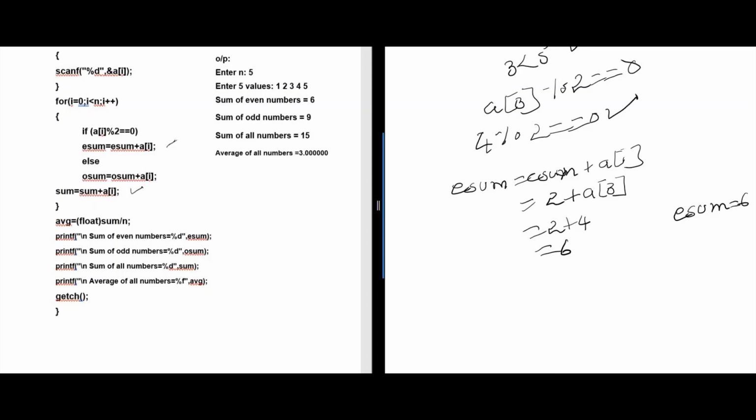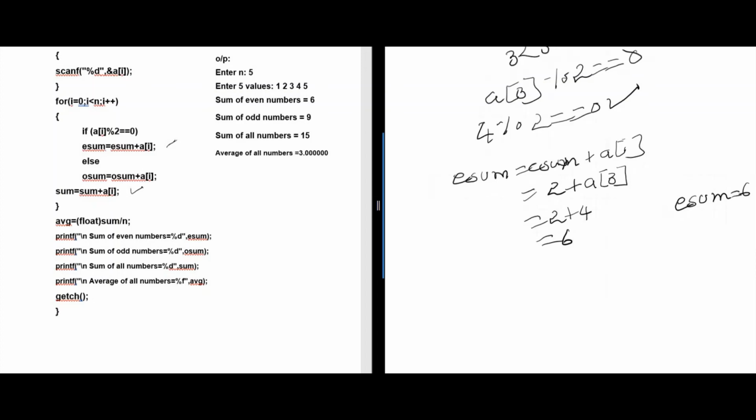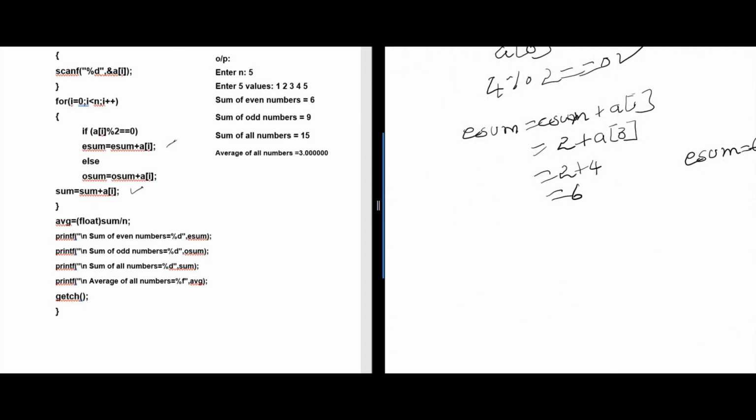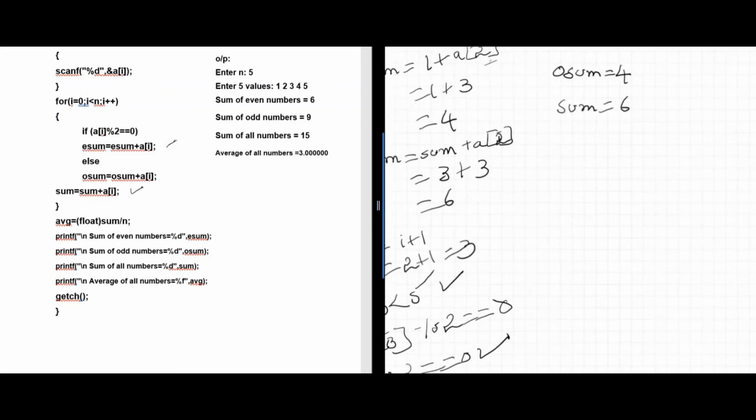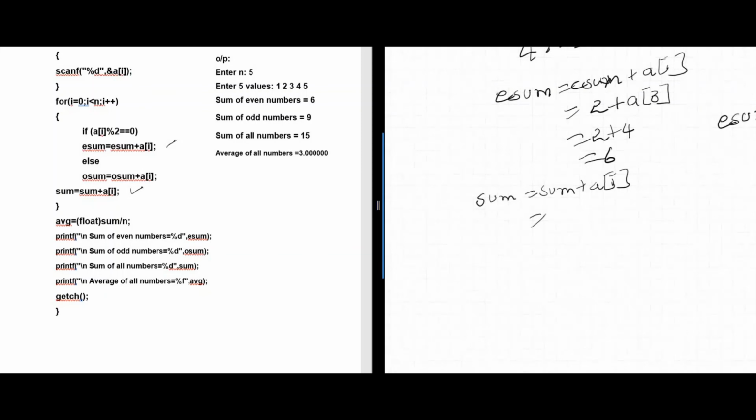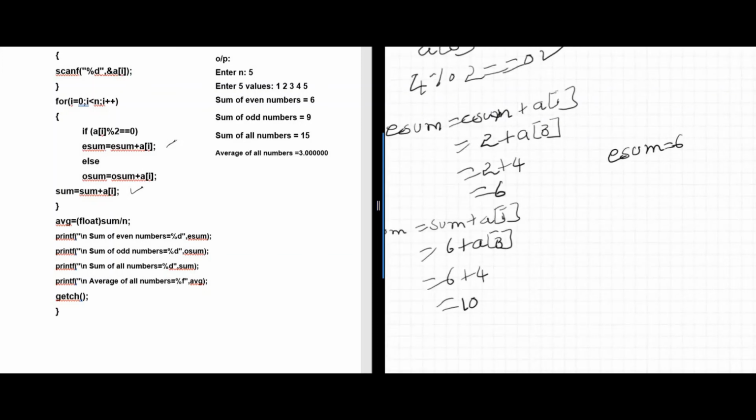Now the else part is not executed as the if is true, but sum is equal to sum plus A of I is being executed. The value of sum was 6. Now 6 plus A of 3, which is 6 plus 4, becomes 10.